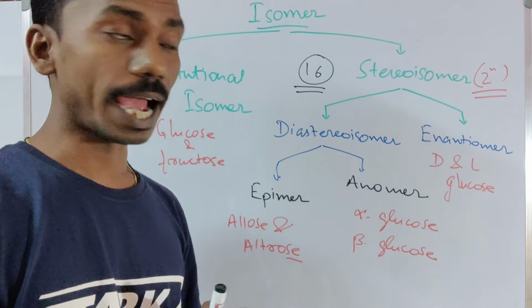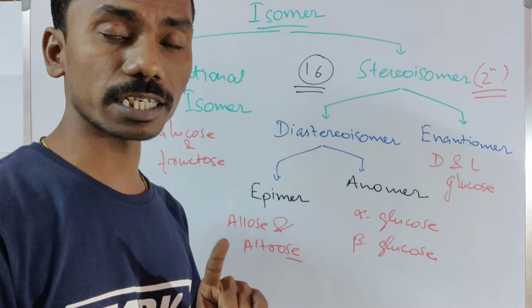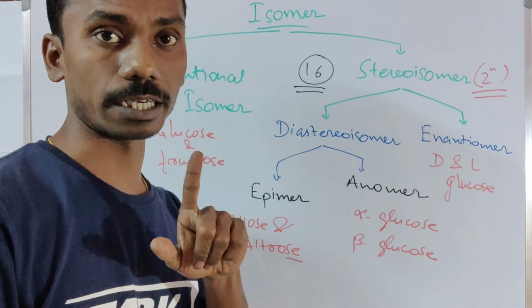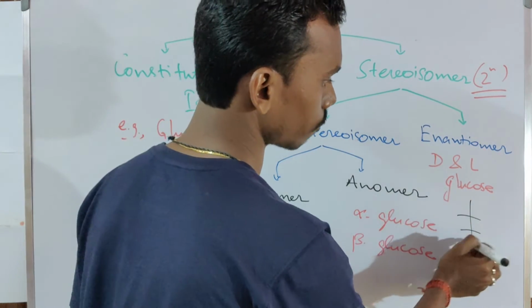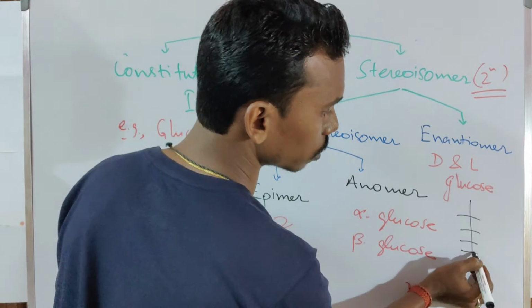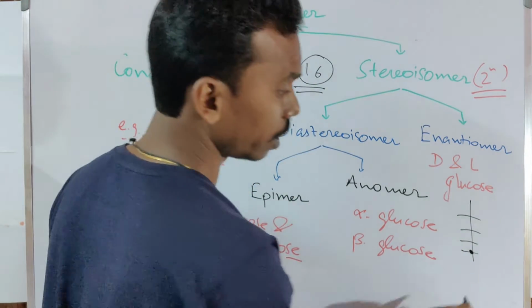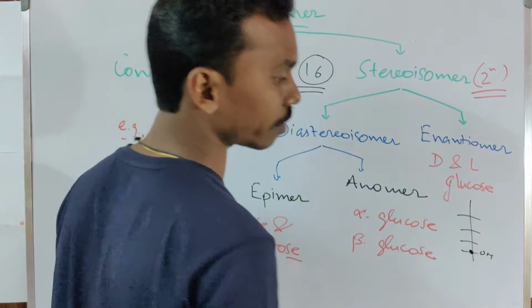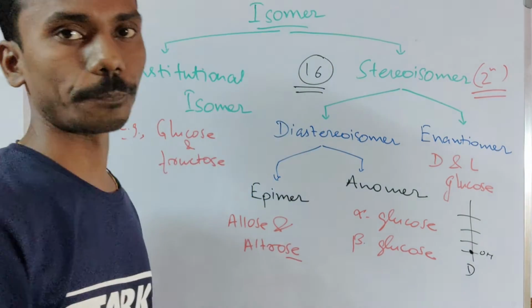And if the hydroxyl group is present on the left side, that is of the penultimate chiral carbon. If this is the glucose Fischer projection, this one is the penultimate chiral carbon, and if OH is present on the right side of this backbone, then this is called the D form.